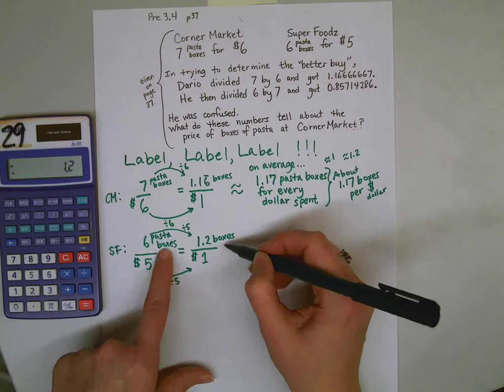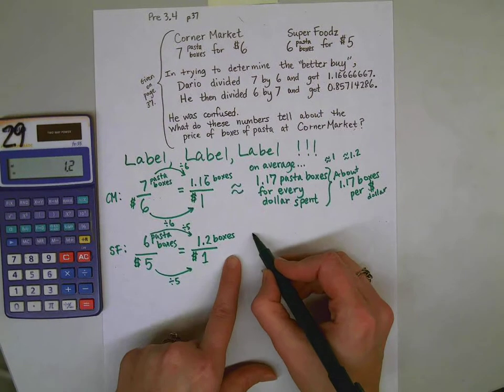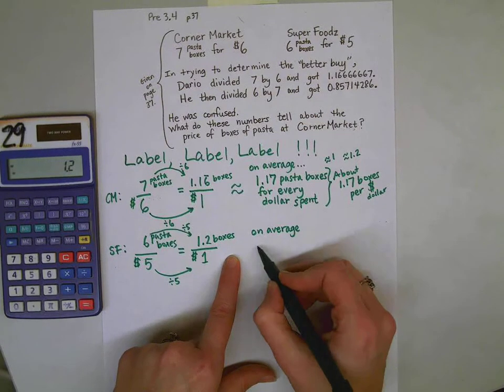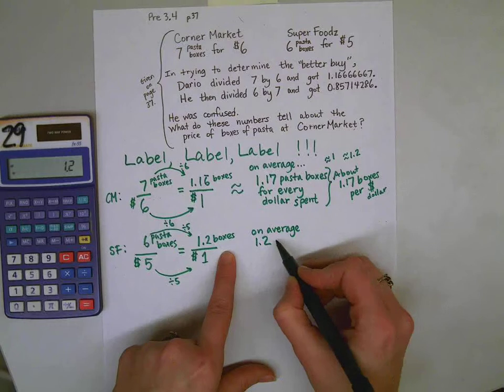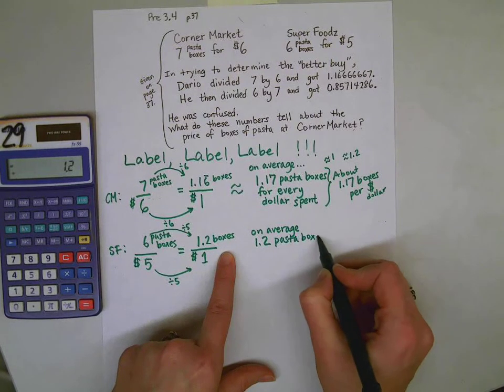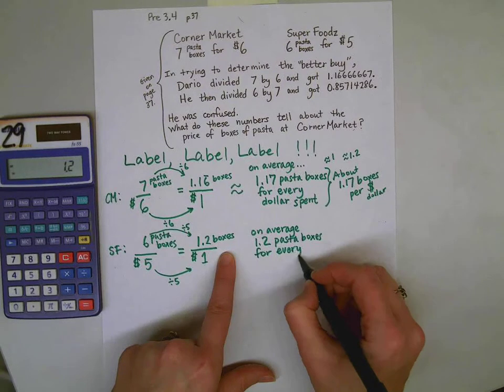So the labeling needs to stay in the right places. What that tells us is that on average, you get 1.2 pasta boxes for every dollar you spend.